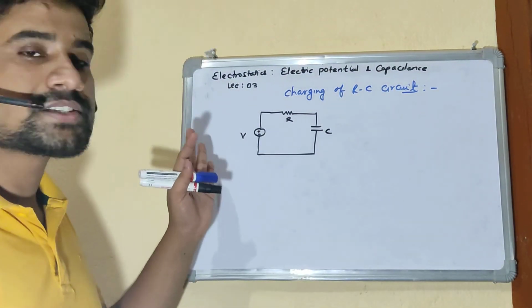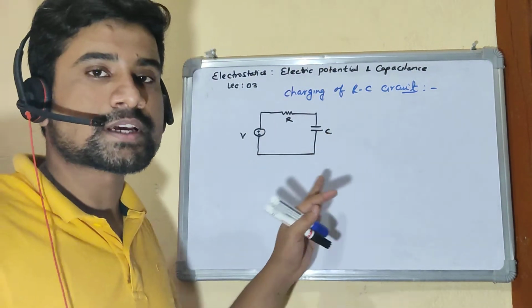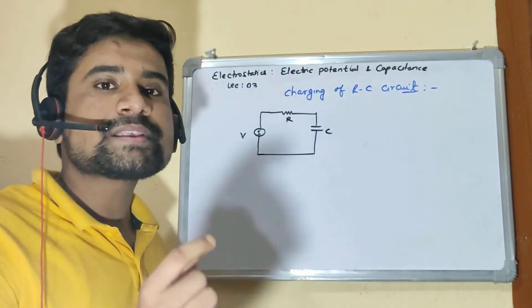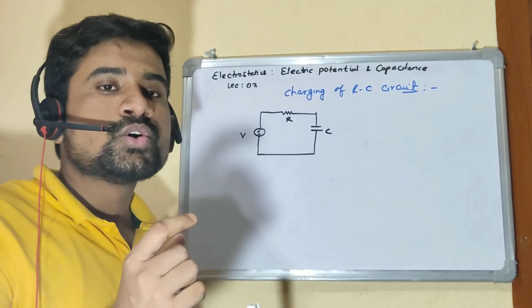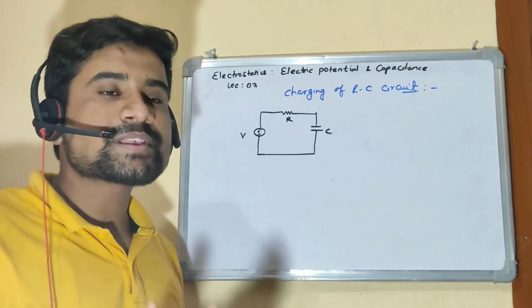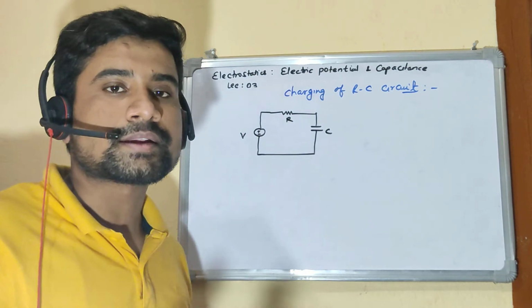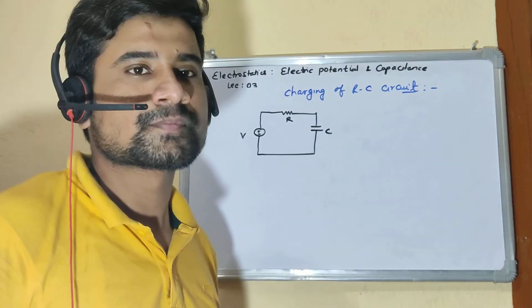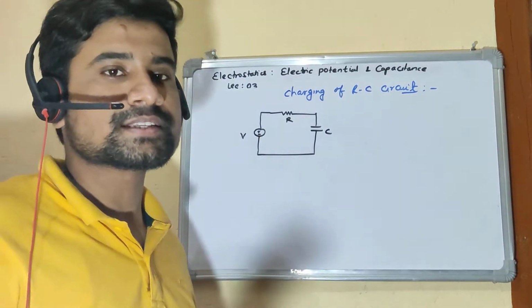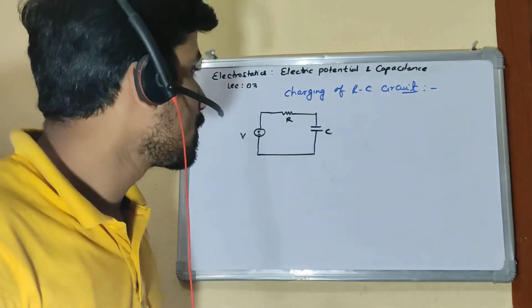When I connect a battery with potential V to this series circuit, a current will be induced. A capacitor opposes change in voltage around it; it will oppose a sudden change in voltage. So initially at t equal to 0, when my capacitor is discharged, there is no charge on the capacitor.